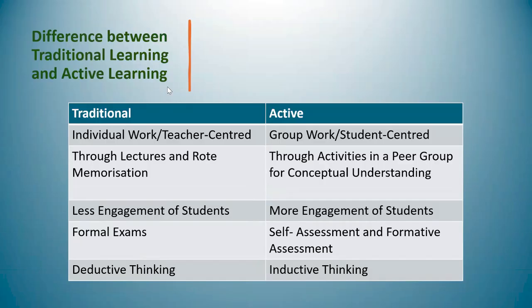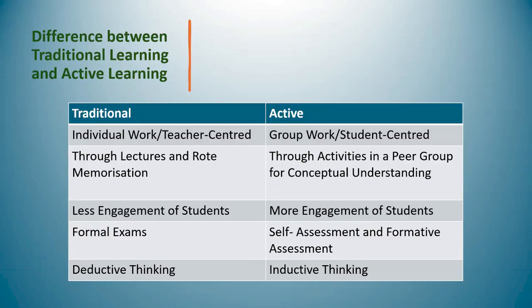Look at the difference between traditional learning and active learning here. It's important to know this very clearly. So look at the screen here. One side I put traditional and the other side active. So traditional learning has got individual work, and then it is teacher-centered.